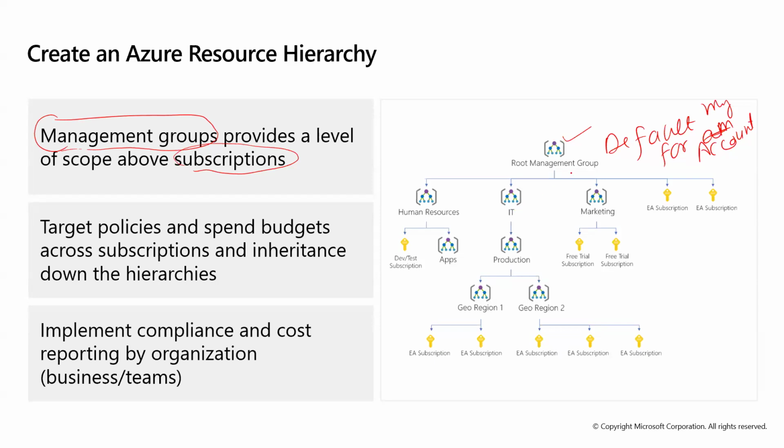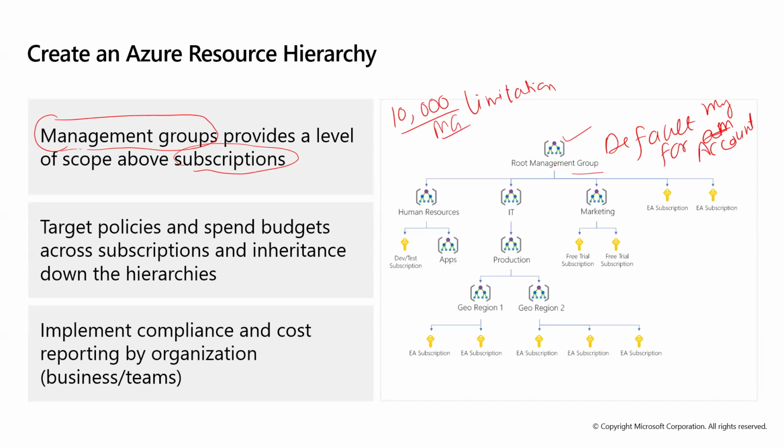Now, in this root management group, you could create any number of management groups, but there is a limitation. You could go only up to 10,000 management groups. You can't go beyond this number.